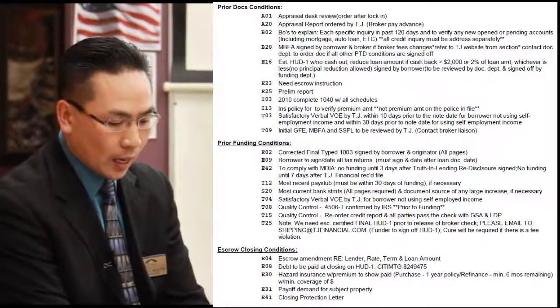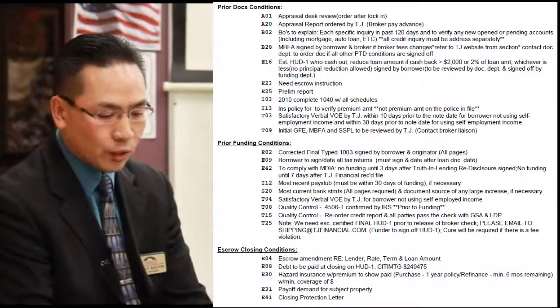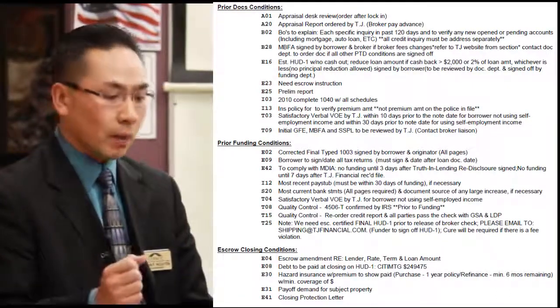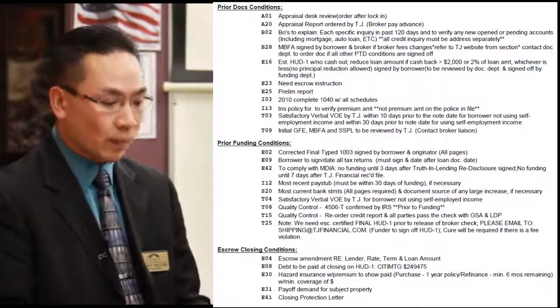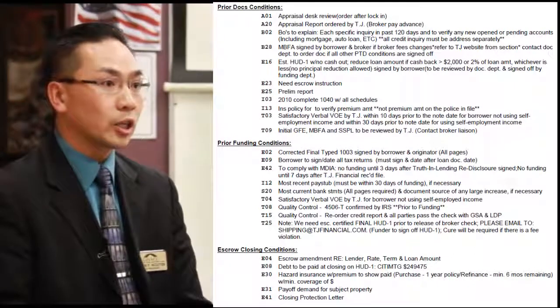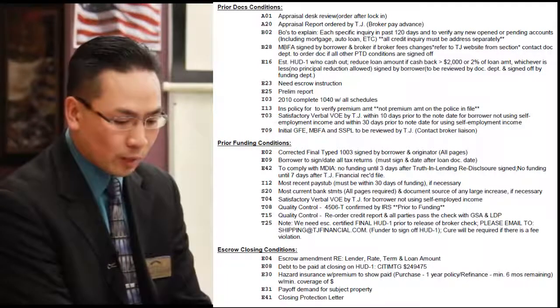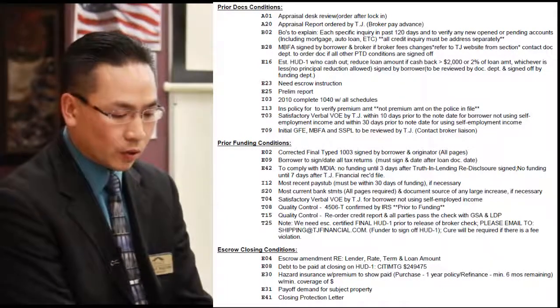And they make sure that if there's anything to be paid off, usually on the refinance, it's always at least a mortgage that we're refinancing. Any credit card that they decide to consolidate, any student loan they want to pay off, any debt that they want to pay off, or even tax liens or judgments that are required to be paid off. Hazard insurance just needs to be paid. They'll take care of that. And payoff demand for the subject property along with the closing protection letter.